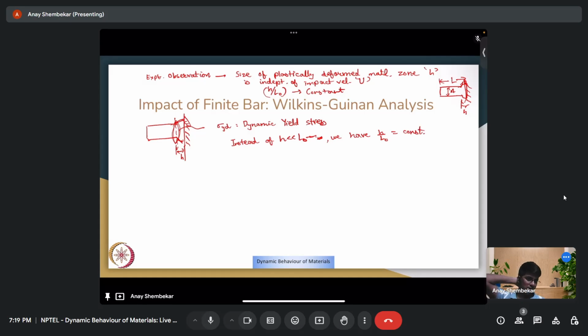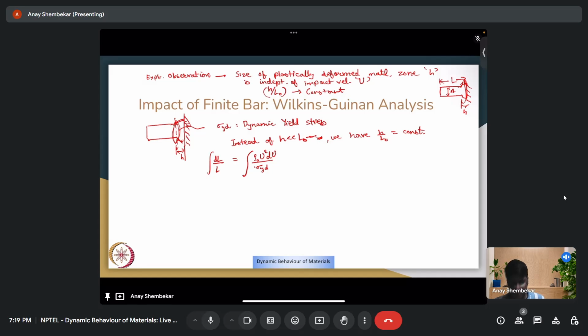The value that they have reported in their paper is, I think, 0.08. So it's still low, but it will still have some effect on the final equation. So when we went from dL by L is equal to rho naught u du by sigma yd, this was our equation.